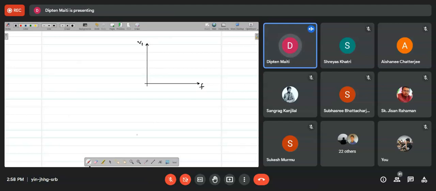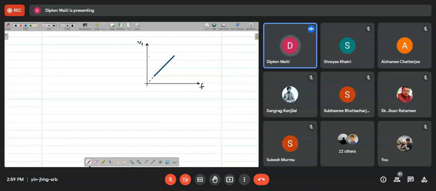The normal requirement is that the voltage should be increased linearly, like this.